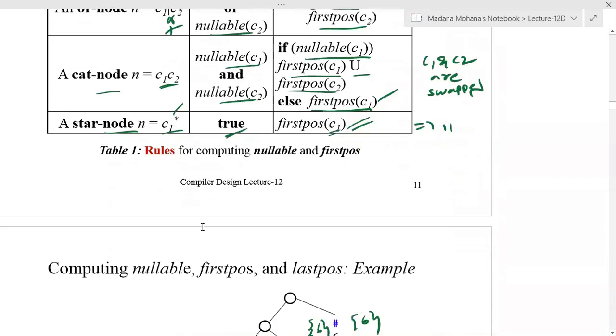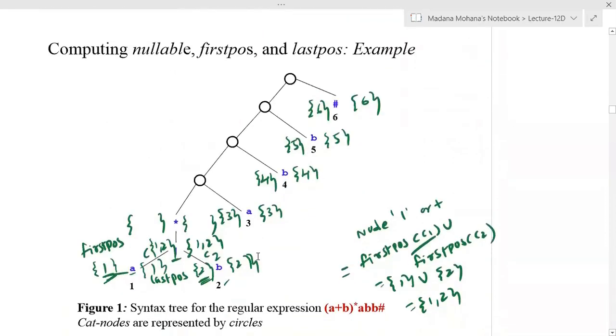But because here C1 closure is there, for the star node, the first position of C1, C1 means here you can take the left side part. For the R node, what is C1 here? 1, 2. Then for the right child, what is its first position value? Here also 1, 2. So here you will get 1, 2 only.